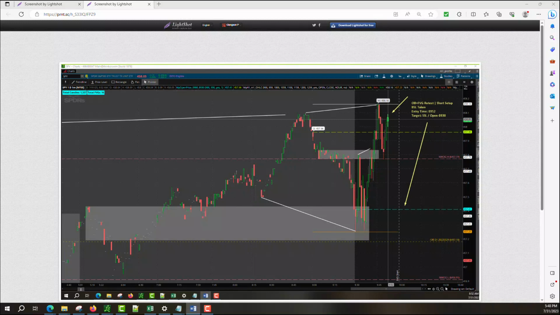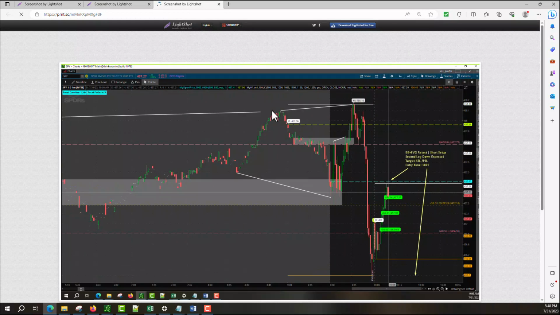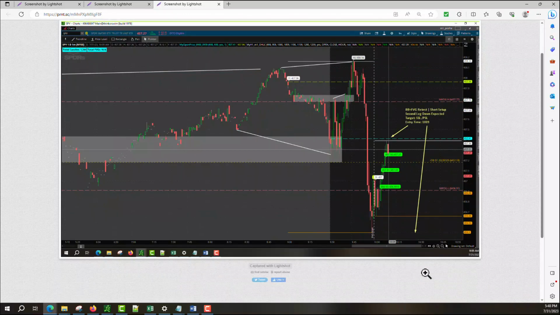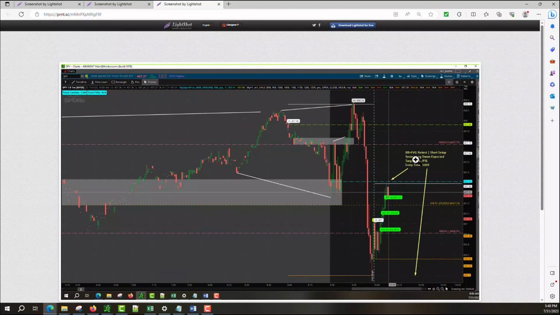We received feedback from the market that that trade did not work out. So basically we wanted to short right here, right? We believe this one is the first leg down, and we thought there's going to be a retracement, and then it's going to come down and make a second leg, right? We have a note right here, second leg expected. However, it took out, it stopped us out, right?